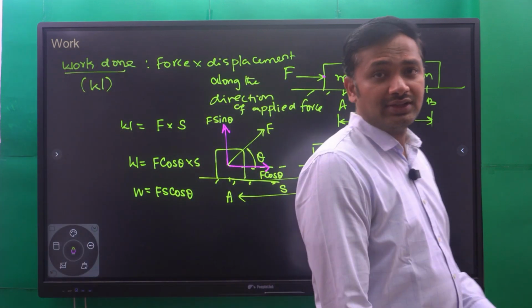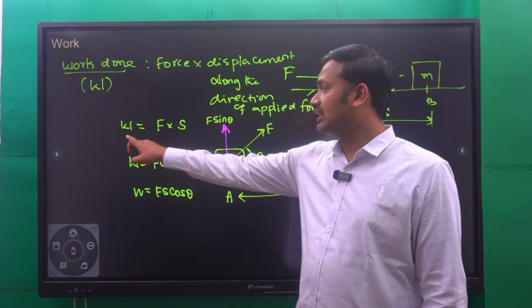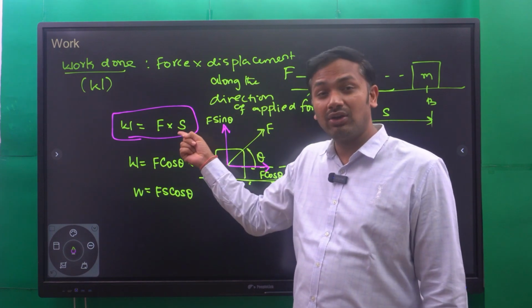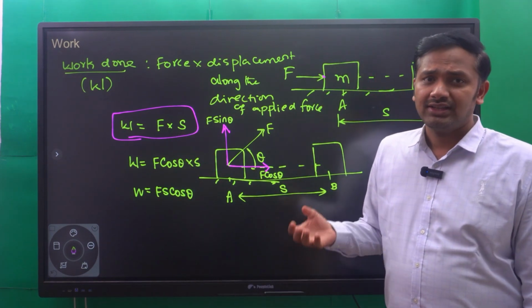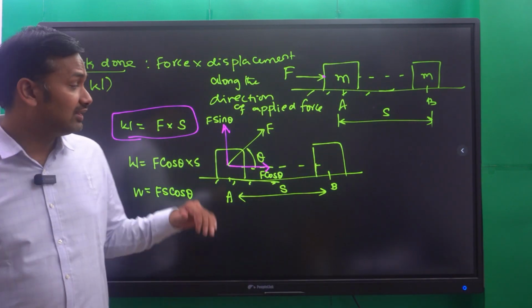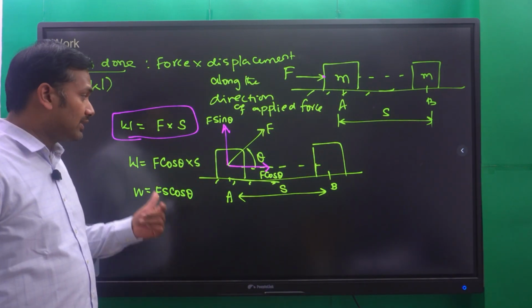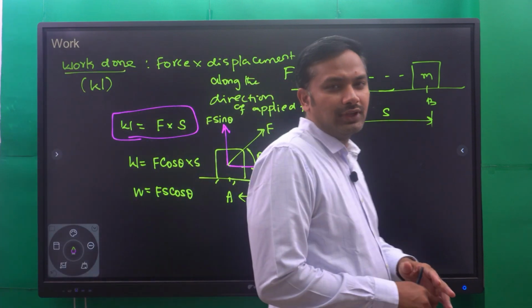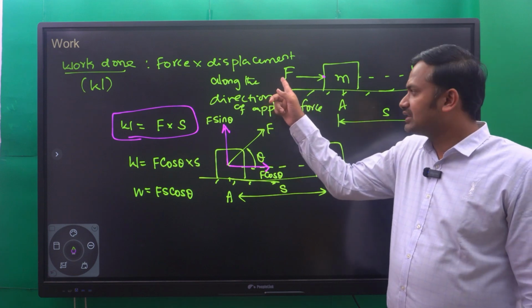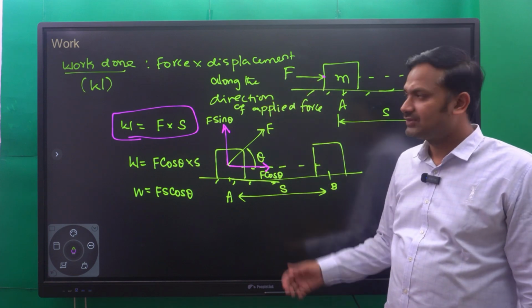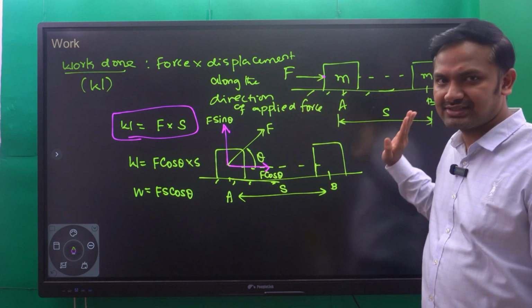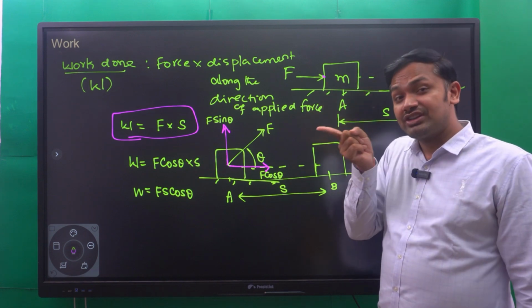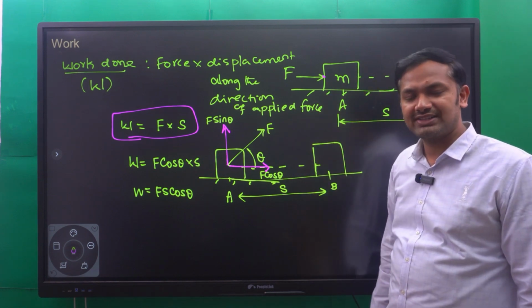So earlier you directly wrote F into S. Why did we now get W equal to F S cos theta? Of course the cos theta was there in the first case also. But in the first scenario, the direction of the force is along the positive horizontal x-axis, and the displacement is also along the positive x-axis.